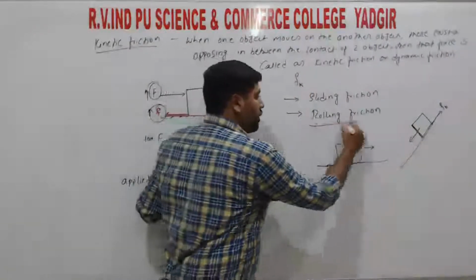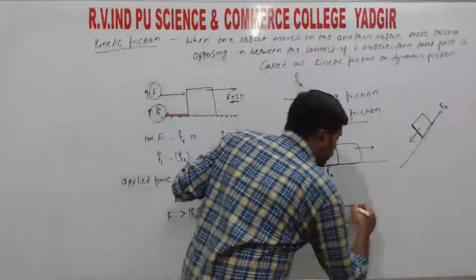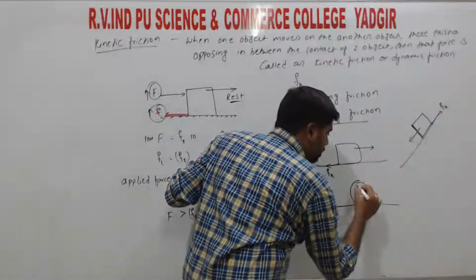Next, rolling friction. Rolling friction is the roll of one object on another object.